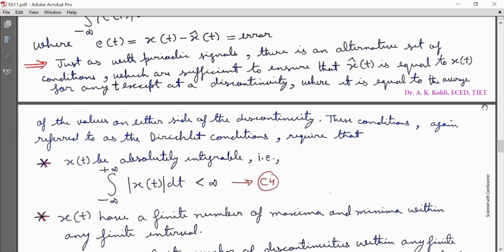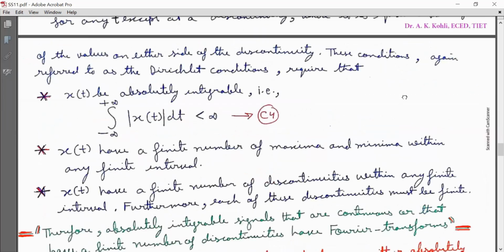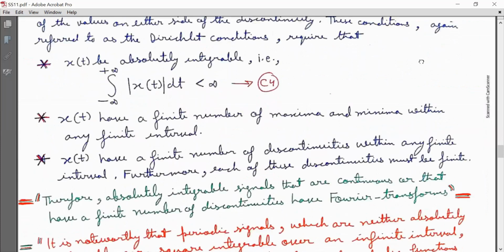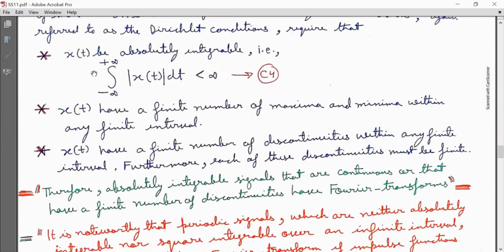These conditions are again referred to as the Dirichlet conditions. It is required that x(t) be absolutely integrable, that is, the integration from minus infinity to infinity of magnitude x(t) dt must be less than infinity, that is equation C4.